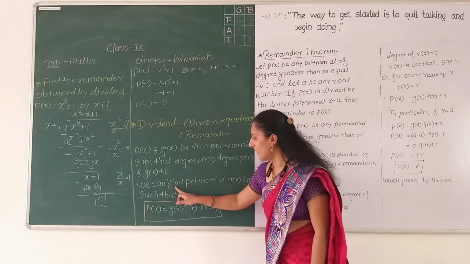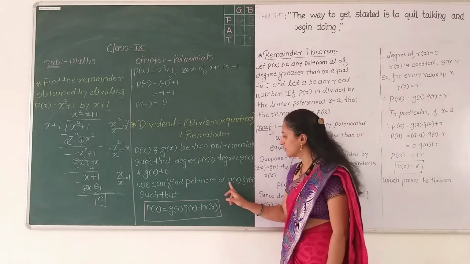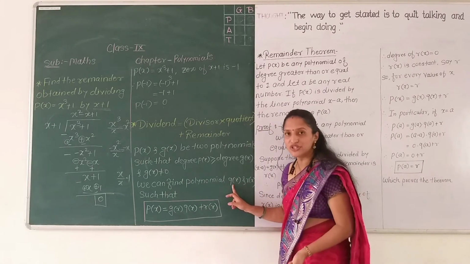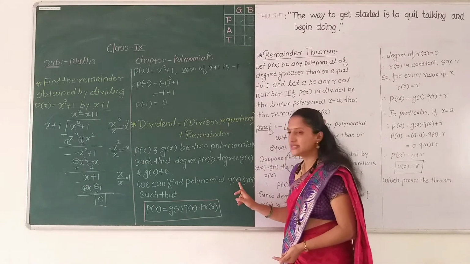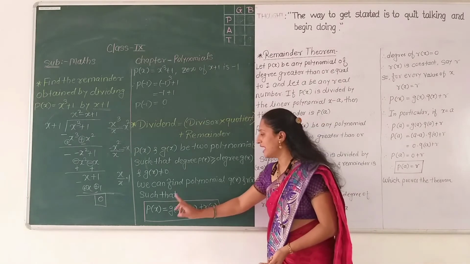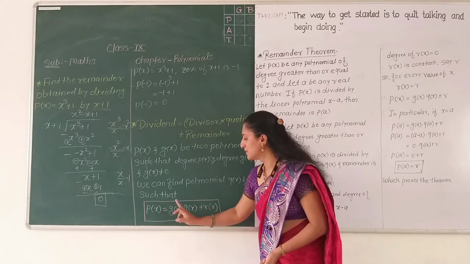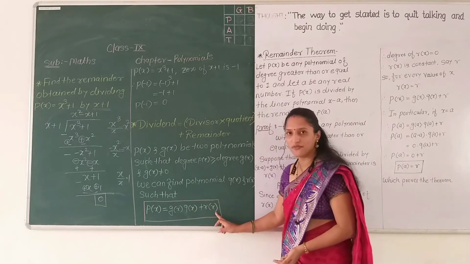Then we can find polynomials q of x and r of x. Here q of x is the quotient and r of x is the remainder, such that p of x is equal to g of x into q of x plus r of x.